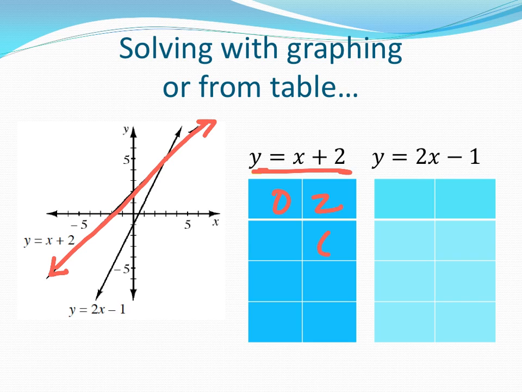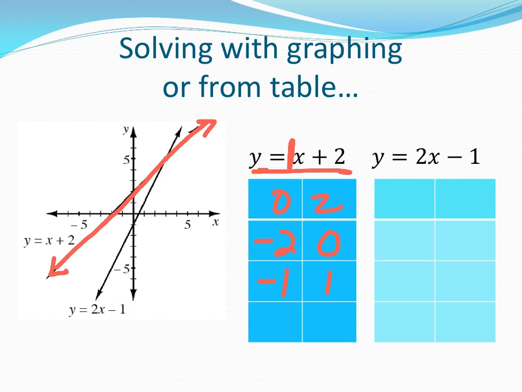When y is 0, x is 2. You can pick any point on this line and put it in here, but we also know it grows by 1 each time, my bad. So like if we had negative 1, it would be one less, and we already know that 0 is negative 2. So that's all those points.